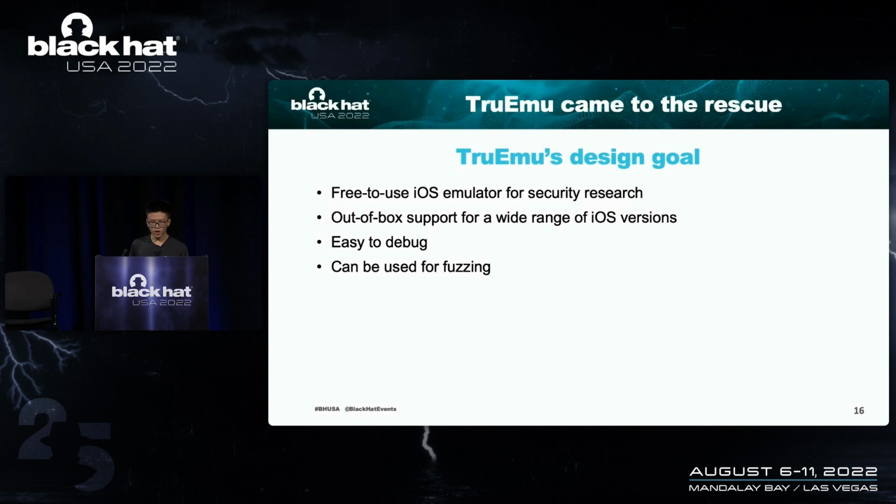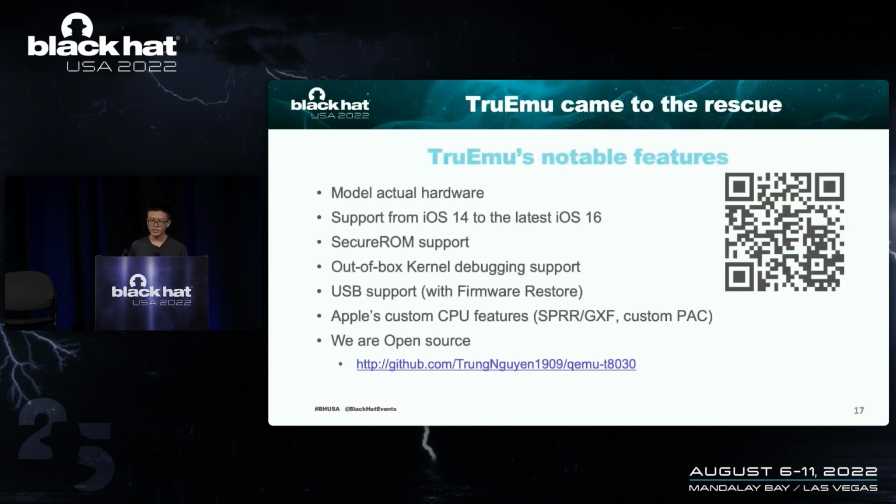So with these design goals, we have come up with some very notable features. First, the emulator models actual hardware, so it tries to behave as close to the real hardware as possible. It supports a wide range of iOS versions, ranging from iOS 14 to iOS 16, which is currently still in beta.